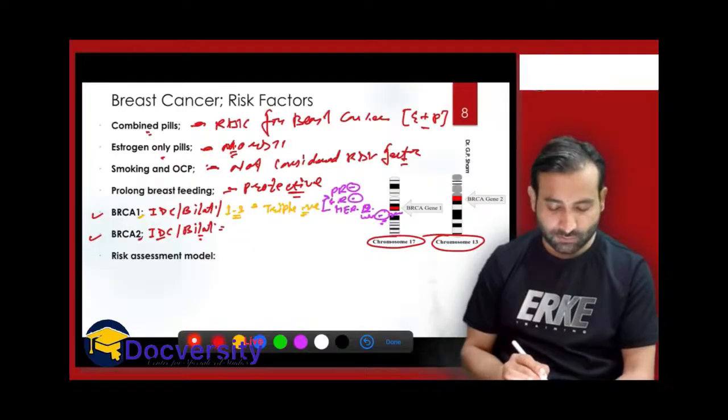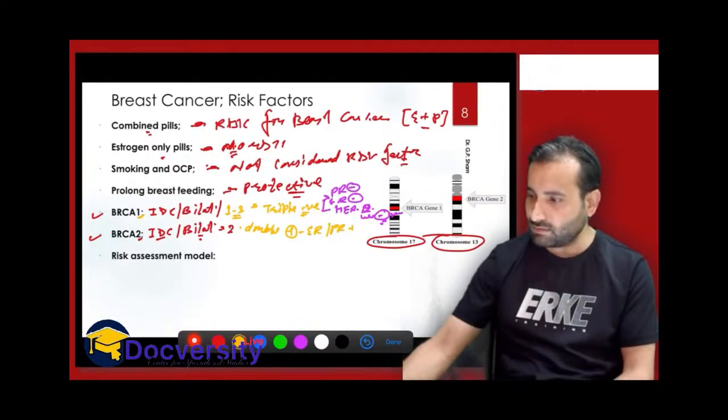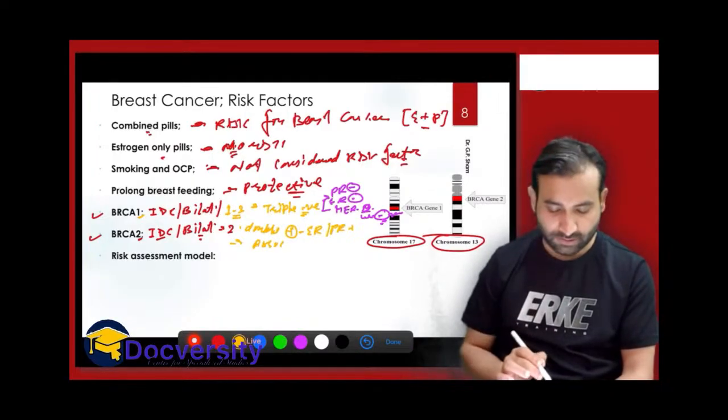And BRCA2, right? BRCA2 has 2, so 2 means it is double positive. Double positive means estrogen receptor and progesterone receptor positive, right? Both occur in the early age, and BRCA2 is associated with melanoma as well.